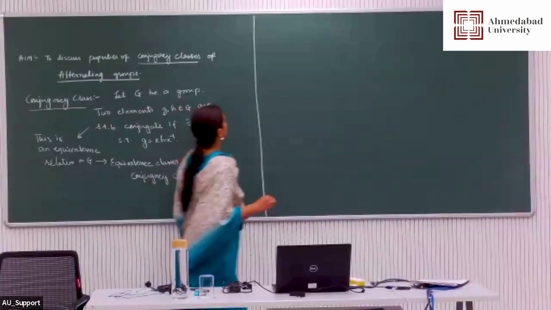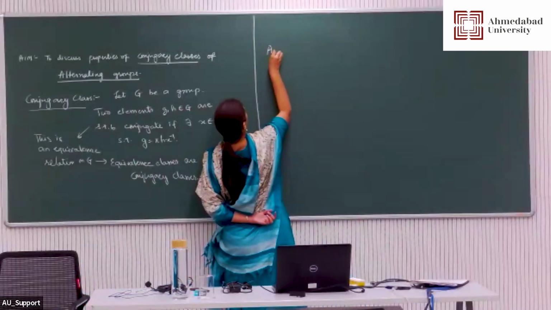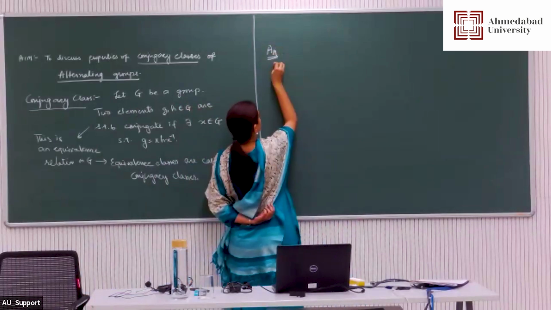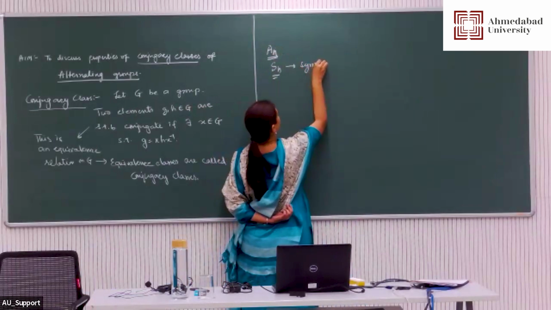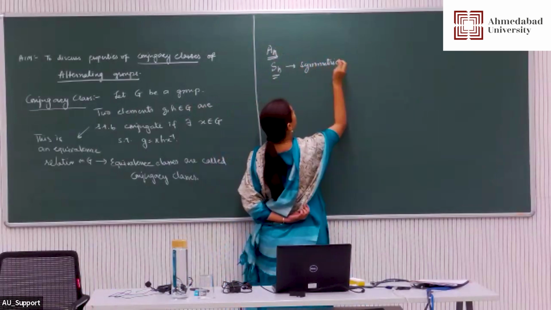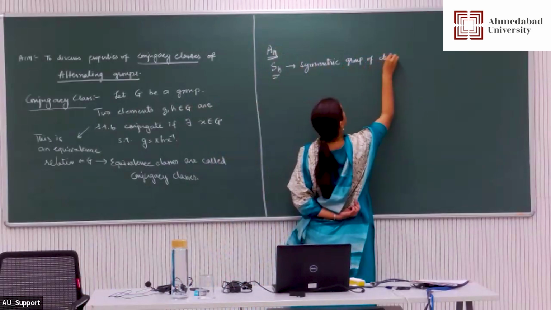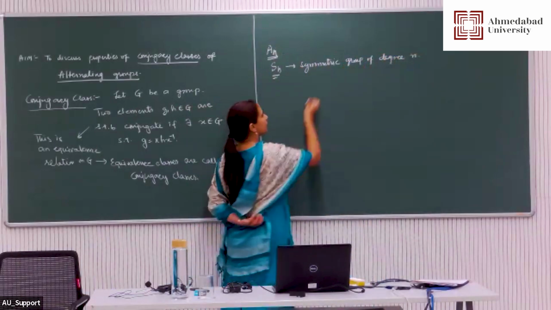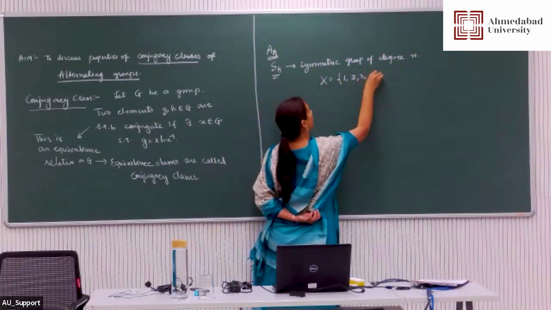Okay, so now I define what is alternating group. I will be writing it as A_n. To explain A_n, first I will tell you what is S_n. S_n is the symmetric group of degree n. So let's take X, a set containing n elements.